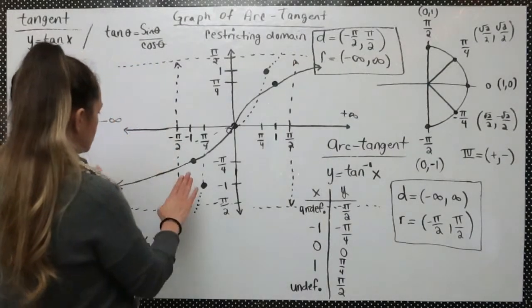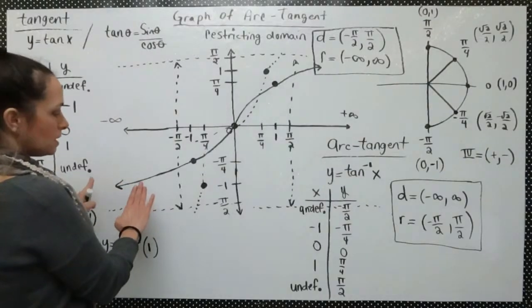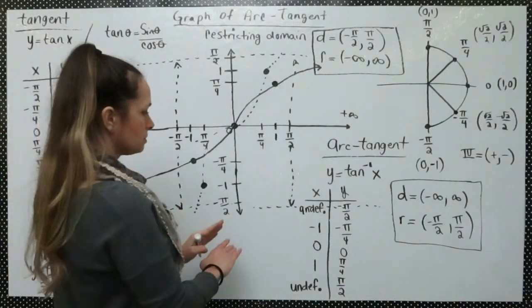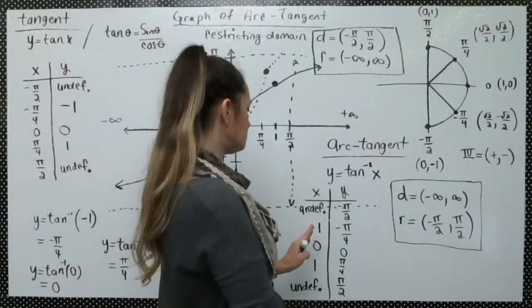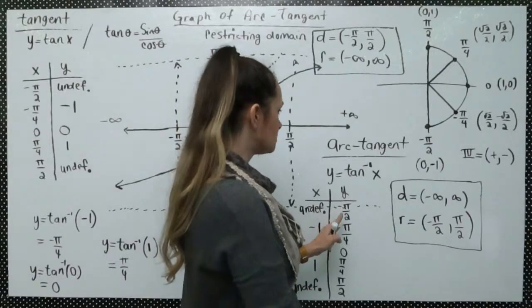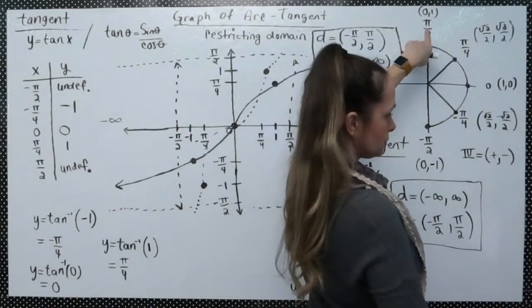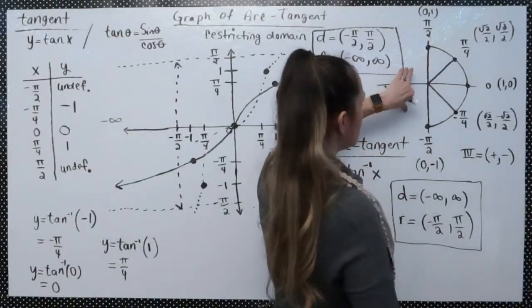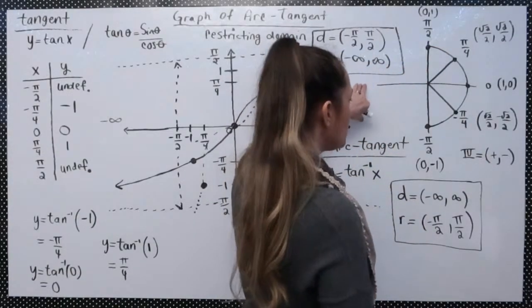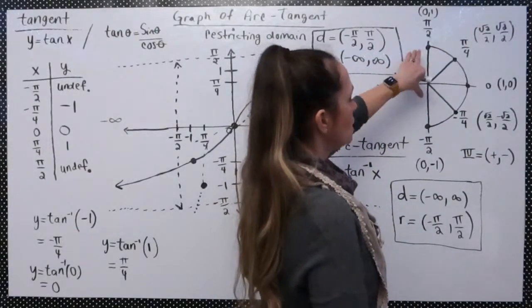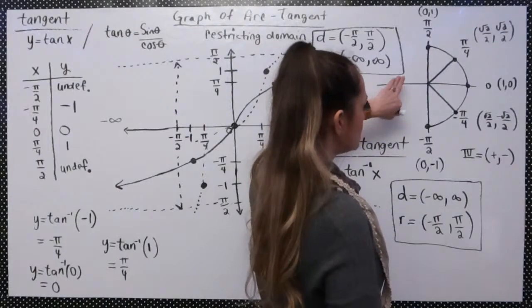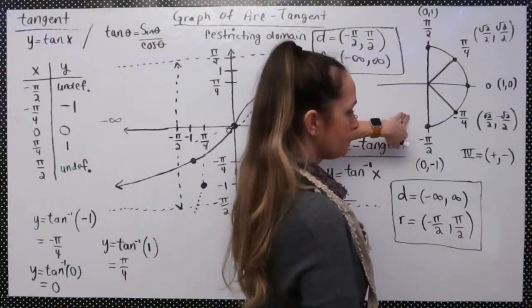While it'll take in any value, it's only going to return an angle between -pi/2 and pi/2. So it will not ever return an angle of pi or any of these other angles that are in quadrant 2 and 3.